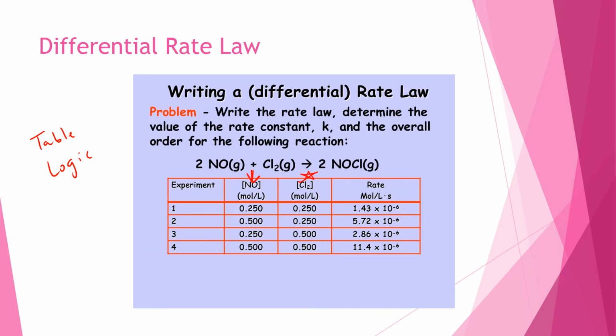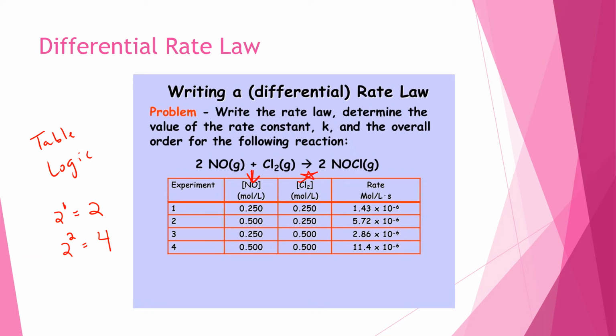So if my concentration doubles and my rate doubles as well, then that means that NO would be first order. If my concentration were to double and my rate were to quadruple, then that would mean that the NO is second order, and so on.